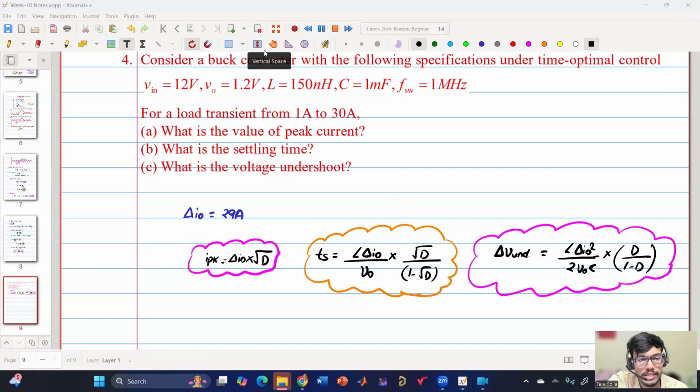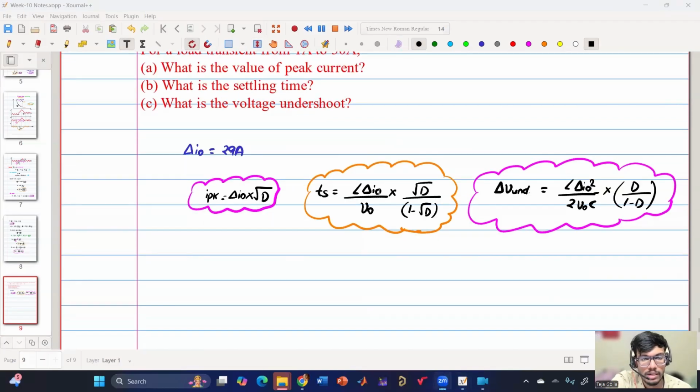So Riddhi is saying 9.17 is the peak current. Okay, I'll wait for others, and once they get, I'll start.